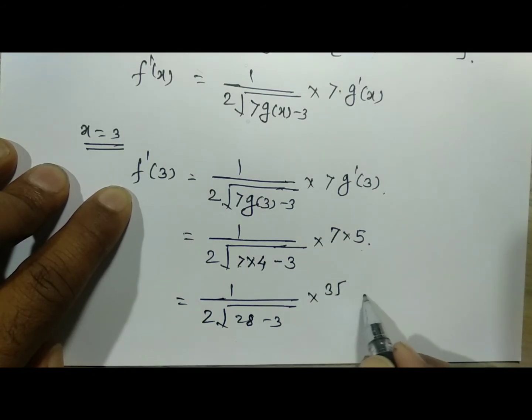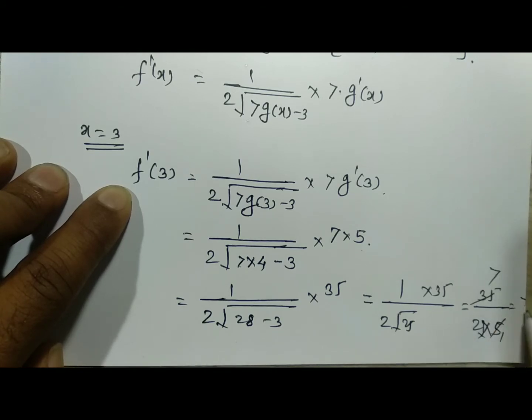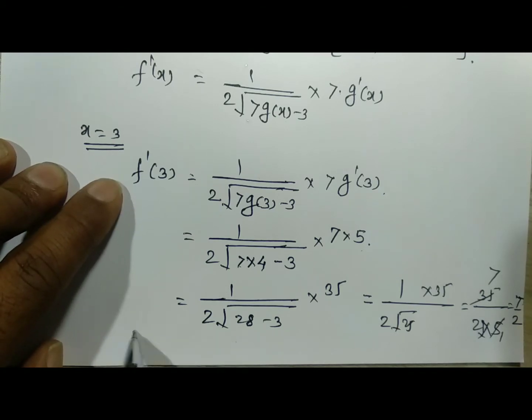And therefore the value of this equation is 1 divided by 2 root 25 into 35, and therefore 35 divided by 2 into 5, 7, and therefore 7 divided by 2 is the answer of that derivative.